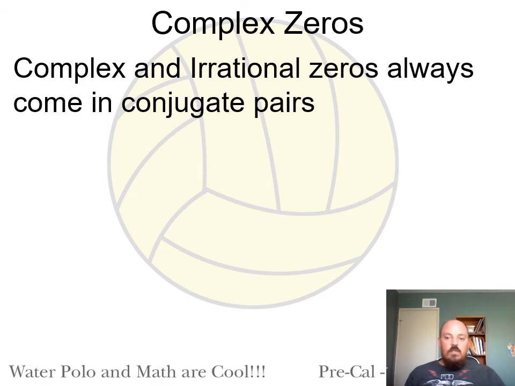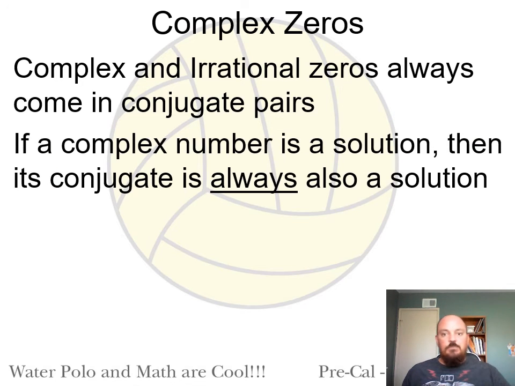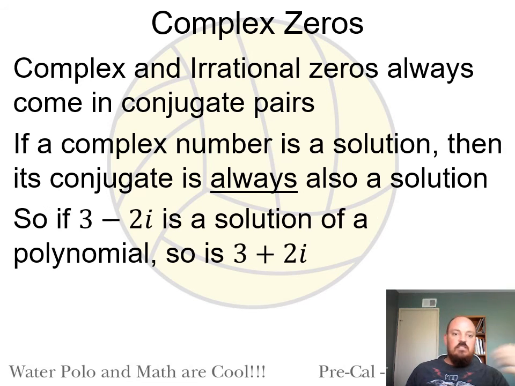So here's a good thing for you guys to remember. The reason that the complex zeros come in 2s like that is because they come in conjugate pairs. And the word conjugate, I actually already went over earlier this year with you guys, but I'll do it again. Basically, the idea is if an imaginary number is a solution, its conjugate automatically also is. And here's an example of that.